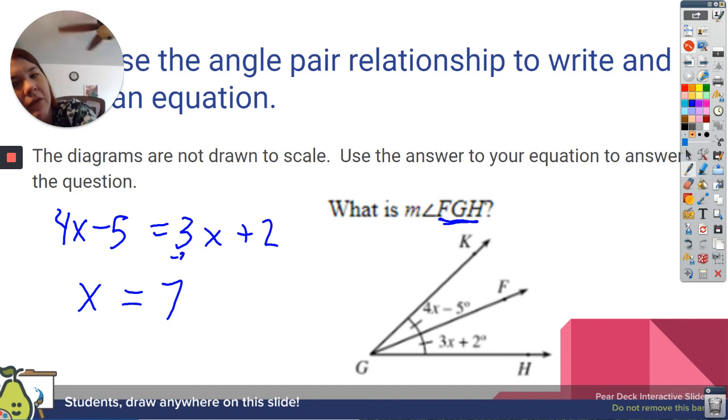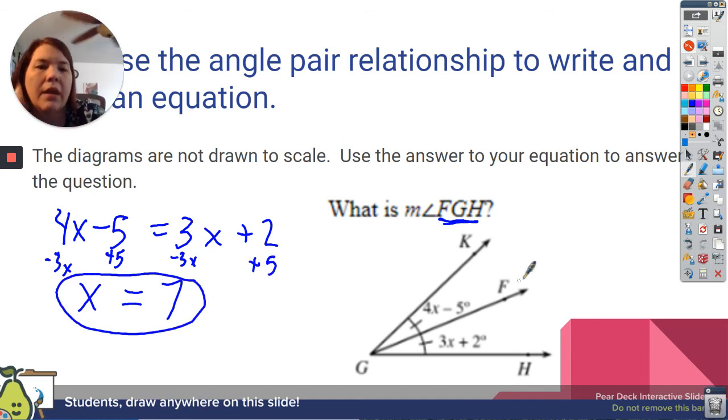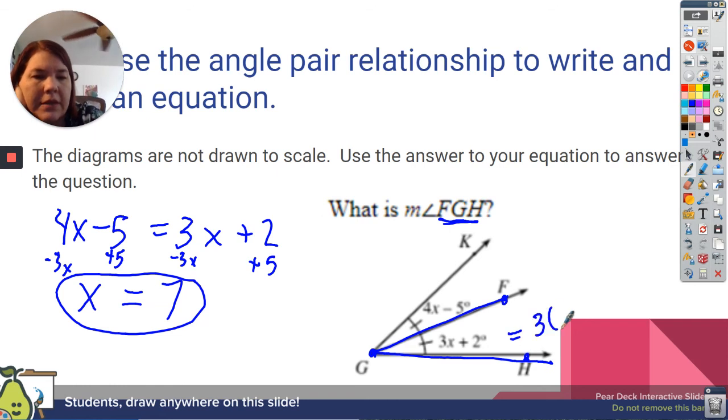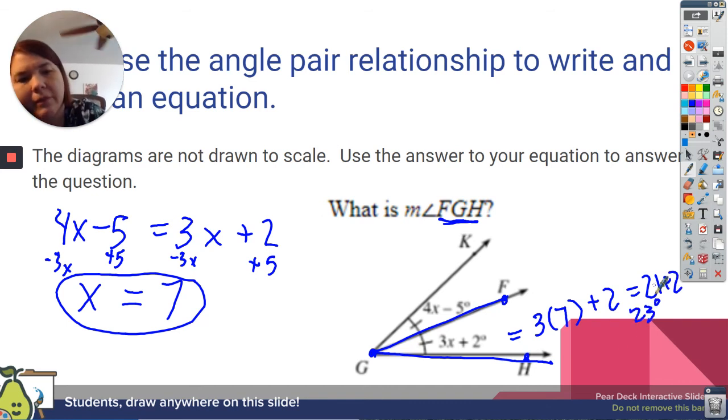I've subtracted 3x from both sides and at the same time added 5 to 2. So x is 7. Then I need to know FGH, so the one on the bottom. And so I've got 3 times 7 plus 2, which is 21 plus 2, which is 23.